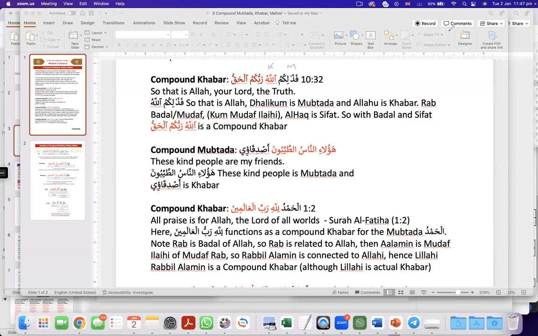Allahu Rabbukumul Haqqu. The meaning is, that is Allah, and Allah is Rabb, and kum is mudaf ilayhi, Rabbukum, your Rabb.